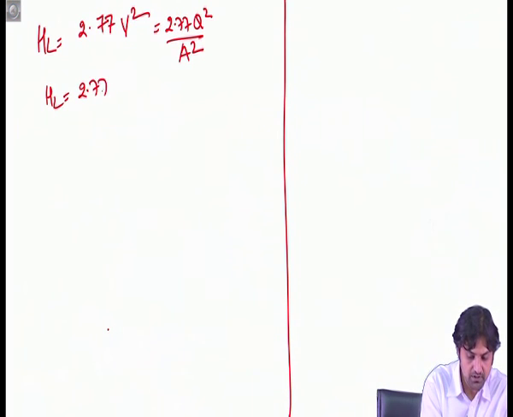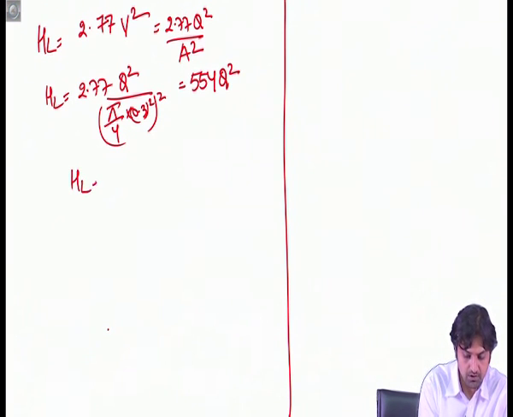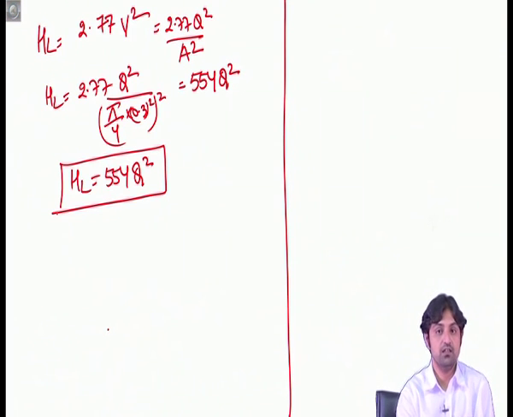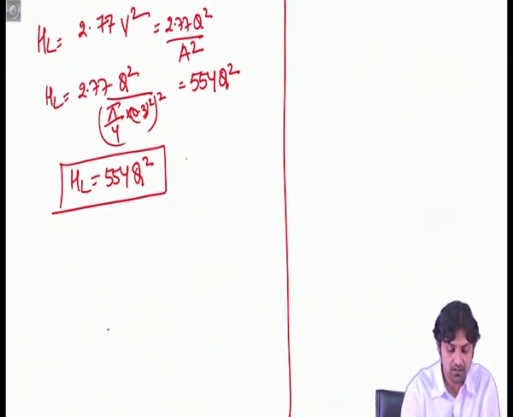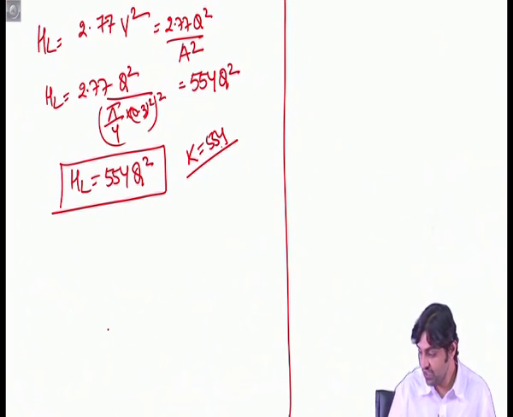So 2.77 Q square. What is area? Area is nothing but pi by 4 into 0.3 whole square. So this comes to be 554 Q square. So you see, this is our expression for HF or HL, where K is 554, we have derived because all the properties of the pipe were given.